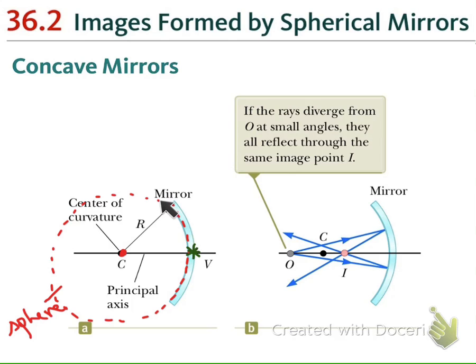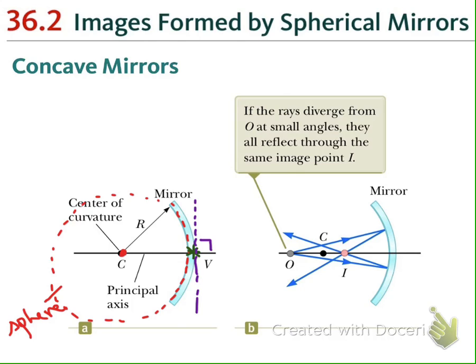It means that you can halve the mirror, and then you draw the line that is normal to the tangent of the mirror at the center of the mirror, like this. Okay, this is normal.